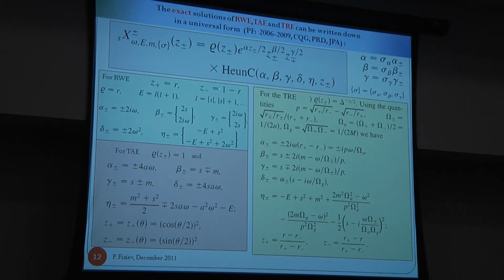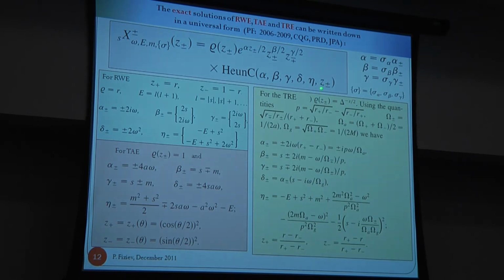And another is when z equals 1, so r equals 1, in some units, of course. You can see here for the Teukolsky angular equation the parameters. Here the z variable is related to the cosine of the theta angle. And for the Teukolsky radial equation, we have a more complicated set of parameters, but the mathematical story is absolutely the same.